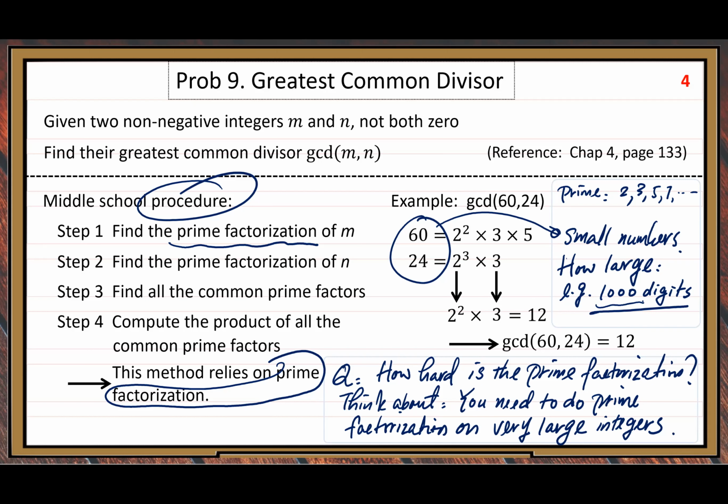Let me use a conservative estimate. Months, how about that? What I mean by conservative, I do not say years, all right? So that's why I use months. That's my conservative estimate. Months to get an answer. Now you can imagine how slow it is.